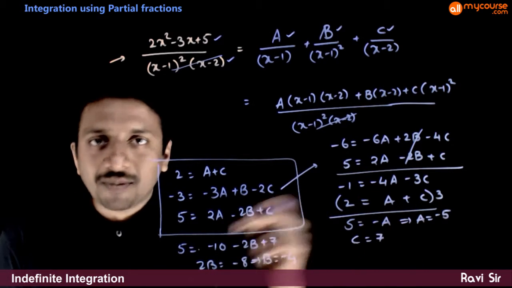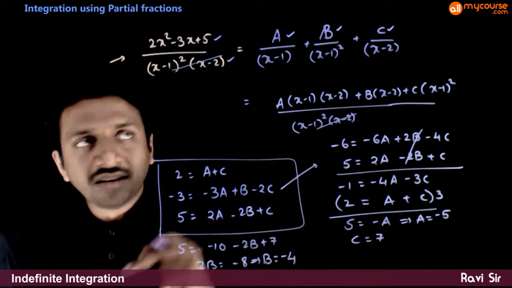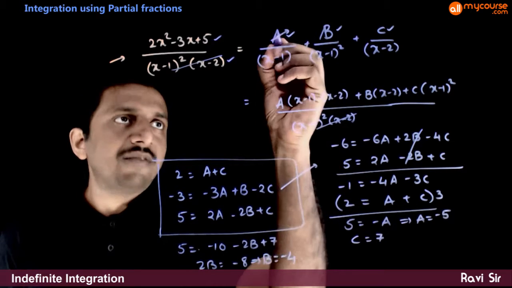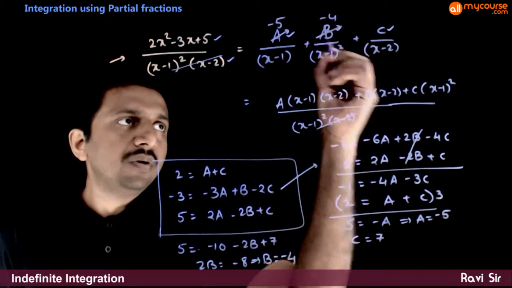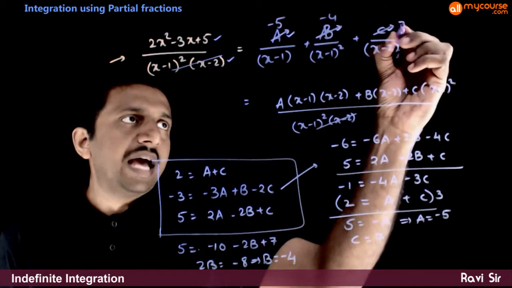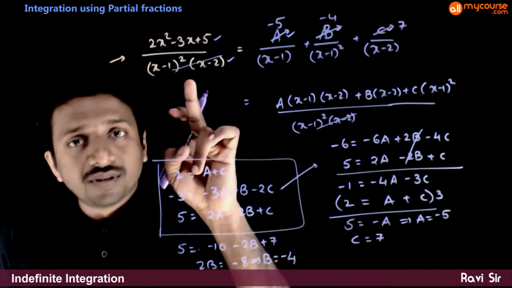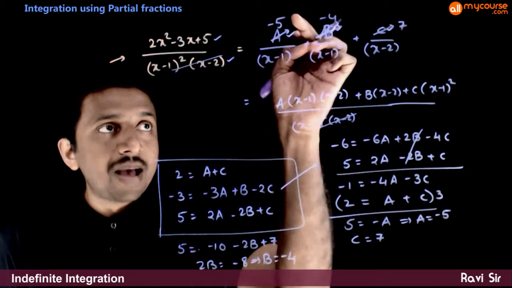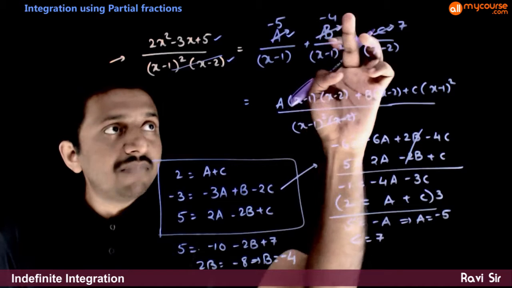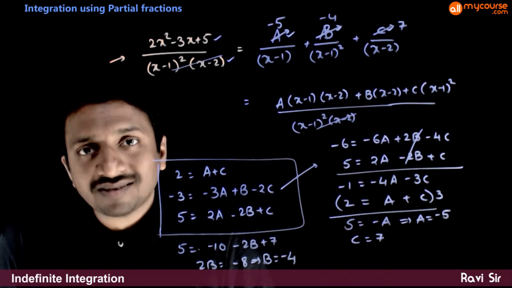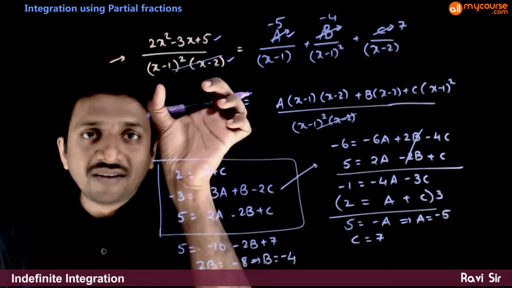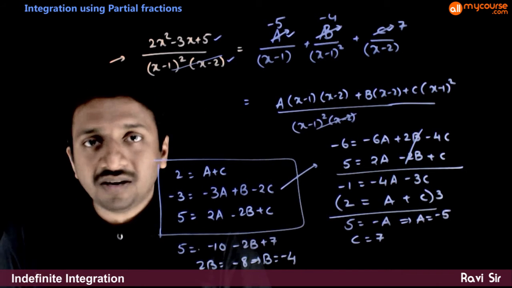Once you got a, b and c, you can substitute it here. In the place of a, you have minus 5. In the place of b, you have minus 4. In the place of c, you have 7. So the partial fractions are minus 5 by x minus 1, minus 4 by x minus 1 whole square, plus 7 by x minus 2. So I have split this fraction into partial fractions.